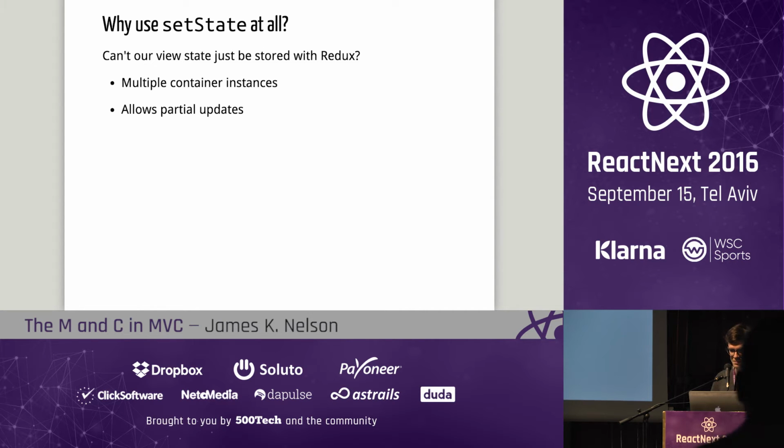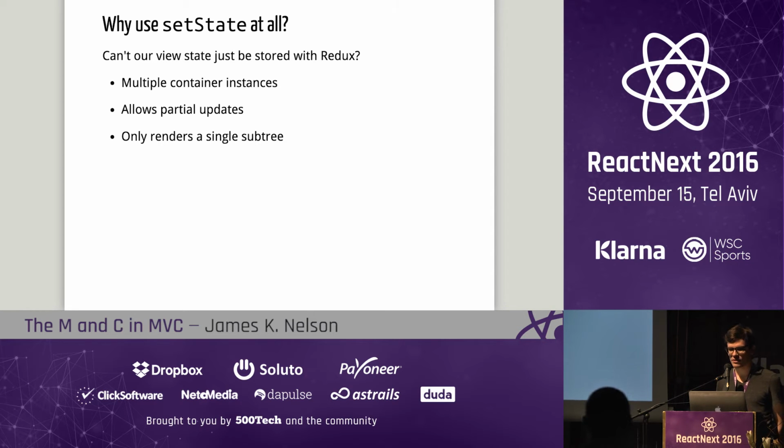But not everyone can. And the last issue is that SetState only renders one part of your application. If you change the state, it only re-renders everything underneath of that. Whereas with Redux and Connect in particular, if Redux gets a new state because the reducer has been run, then every single connect that is on the screen at that point in time is going to re-render from the start.